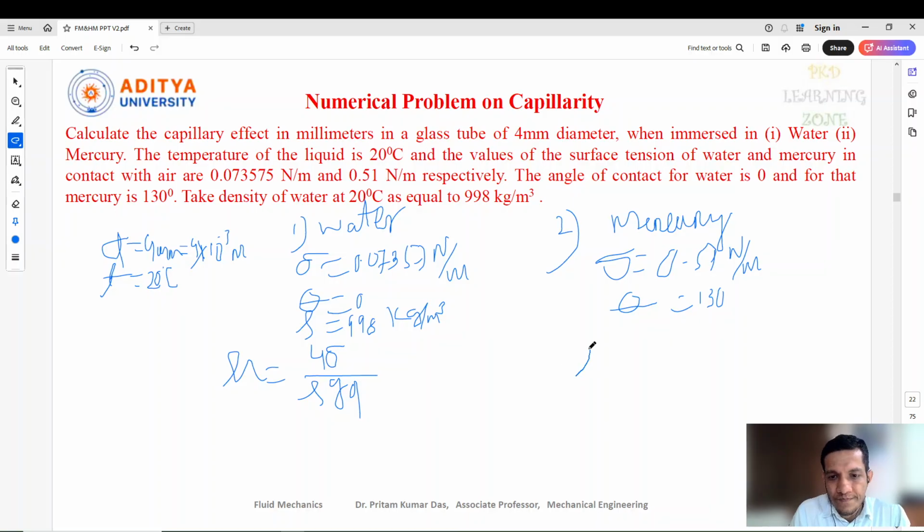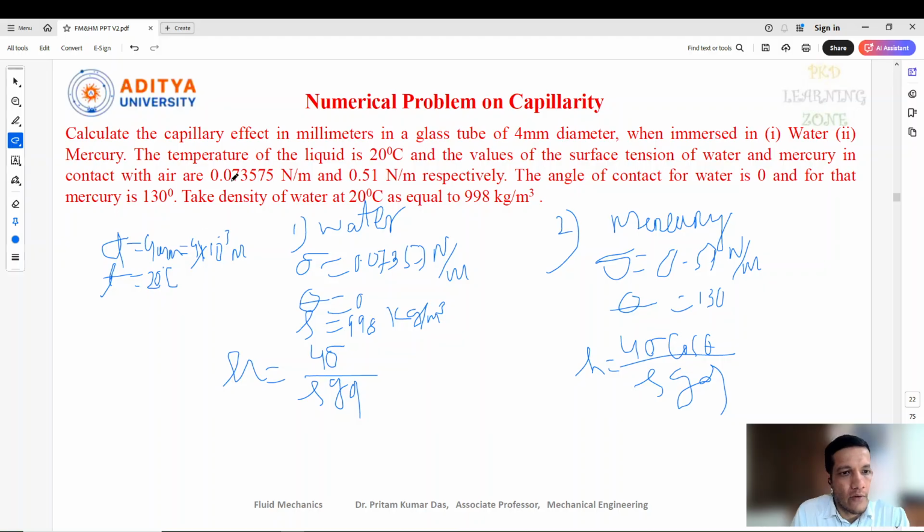Similarly here also we can do 4 sigma cos theta divided by again rho g d.